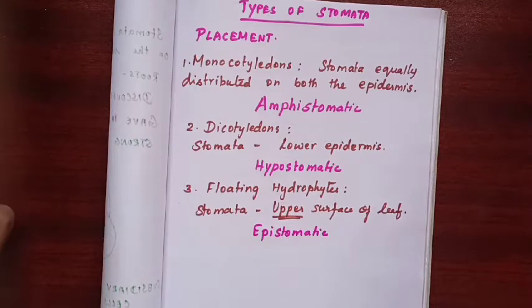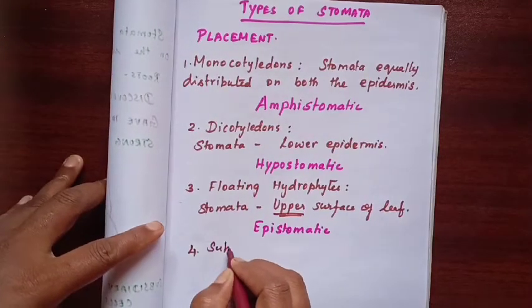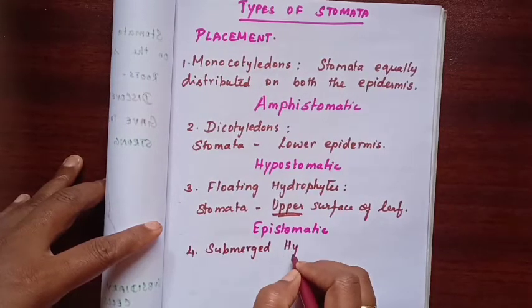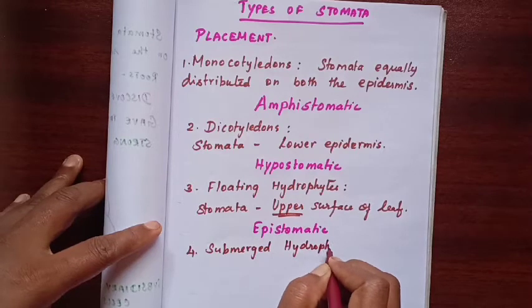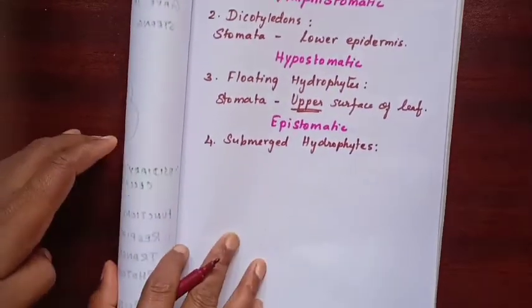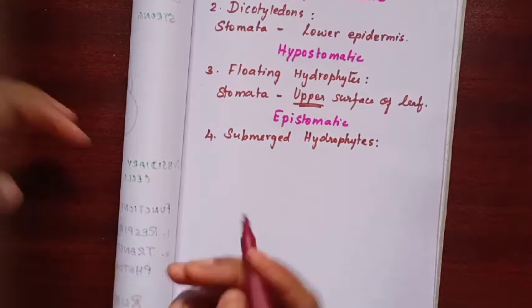Next we are going to see about submerged hydrophytes. Submerged hydrophytes, that means the entire plant is under the water. So here almost there is no stomata present.